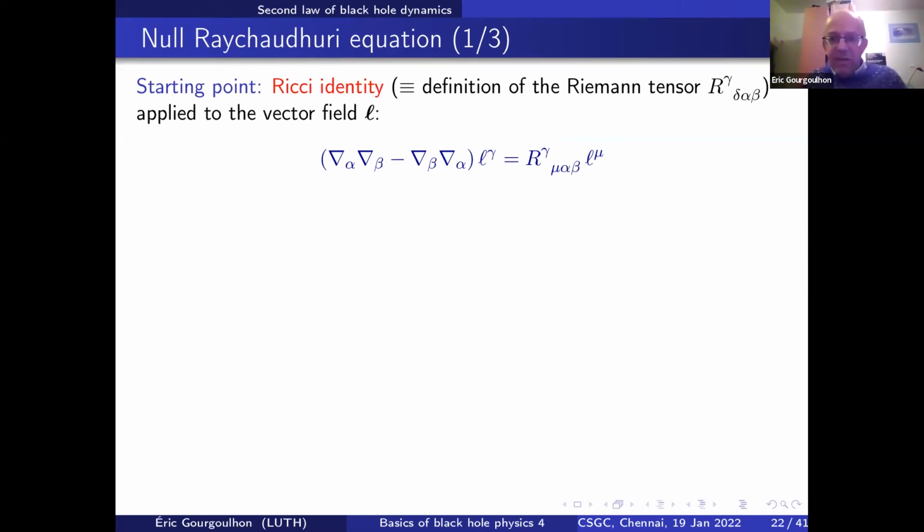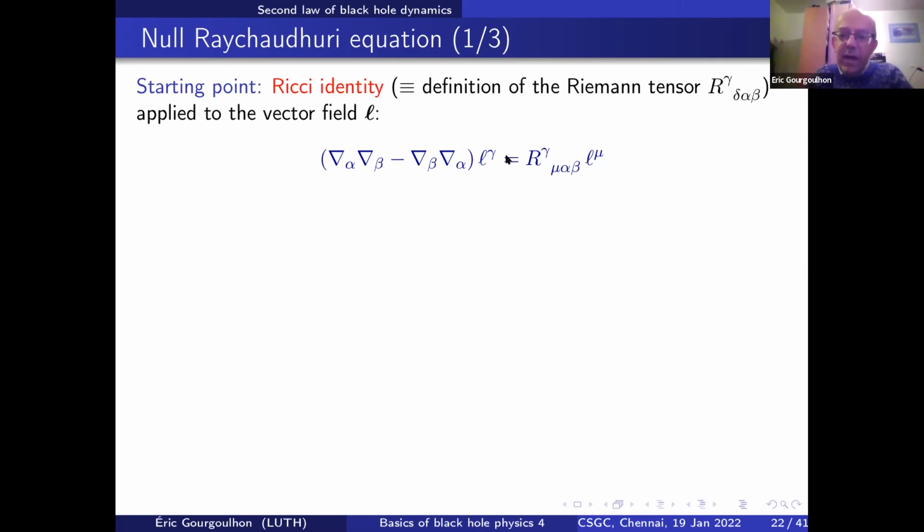Well, this is an identity that we're going to derive from a geometric identity, which is the Ricci identity, which can be seen as the definition of the Riemann tensor. The Riemann curvature tensor in space-time can be seen as an object which tells how the Levi-Civita connection, the nabla derivative, the covariant derivative, commutes.